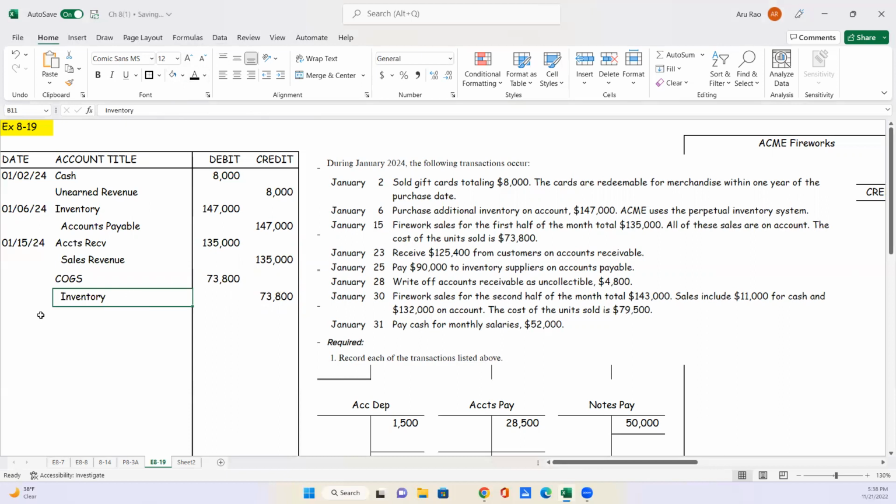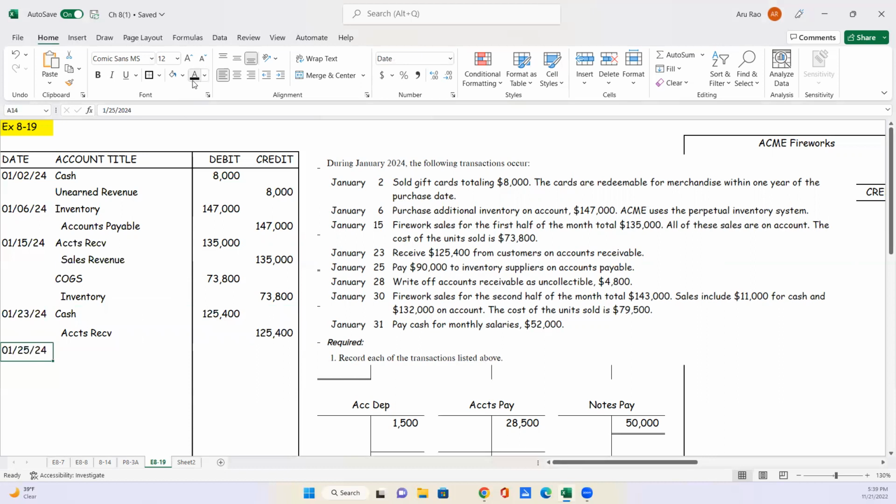Then on the 23rd, I received money from customers who owed me the money. That's on account. Most of my credit customers are paying me right now. So cash is debit. This money is no longer owed to me, so accounts receivable credit. Cash debit, accounts receivable credit, $125,000.